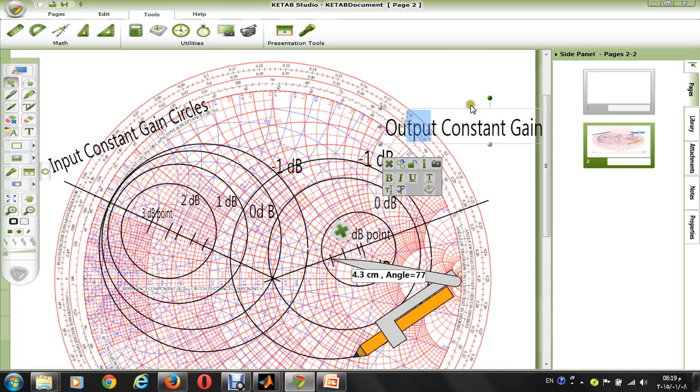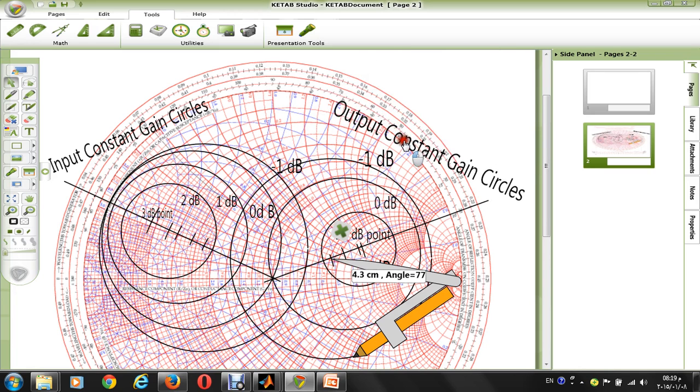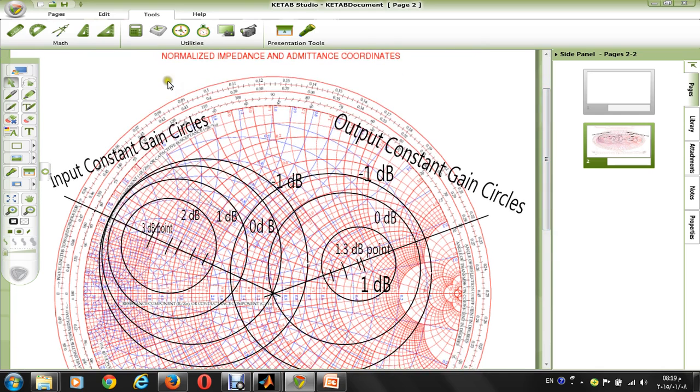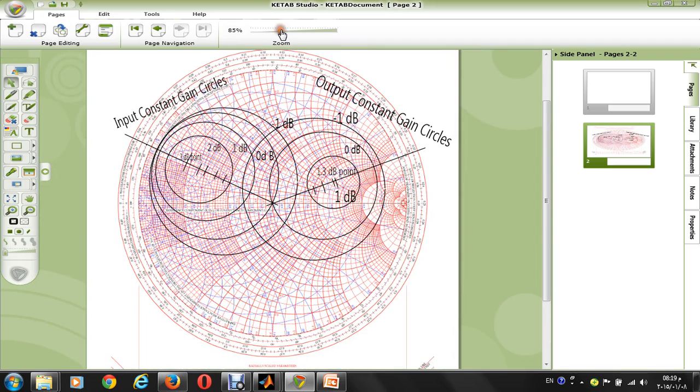What's happening here? Oh. Now, no need for this. By this, if I make it zoom out, I find that this is the shape I got after solving the example.